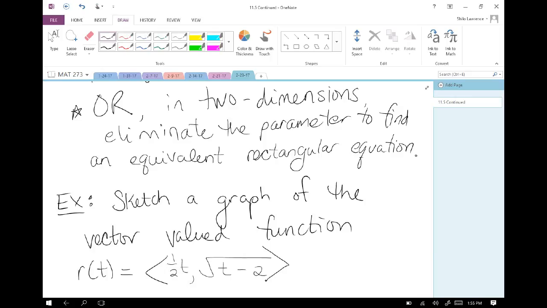We're going to sketch a graph of the vector valued function r of t equals 1/2 t radical t minus 2.